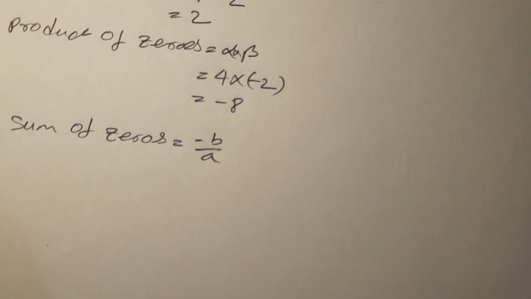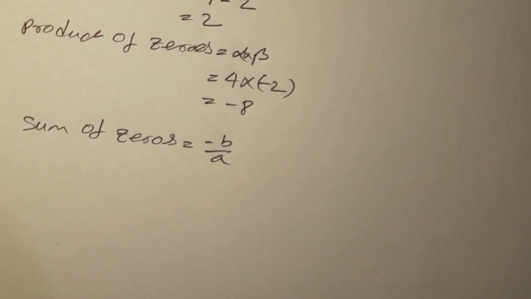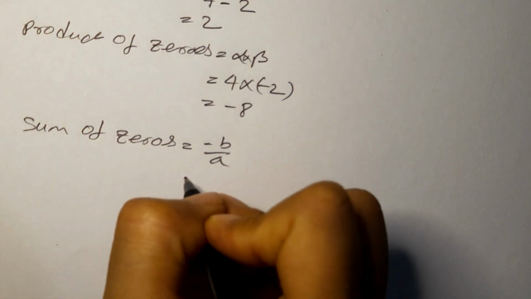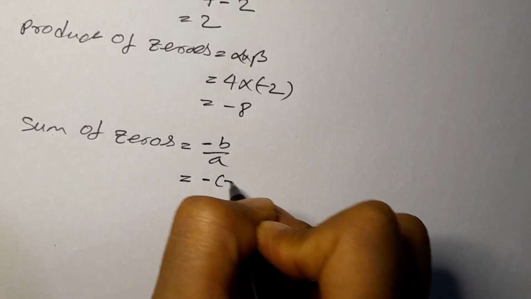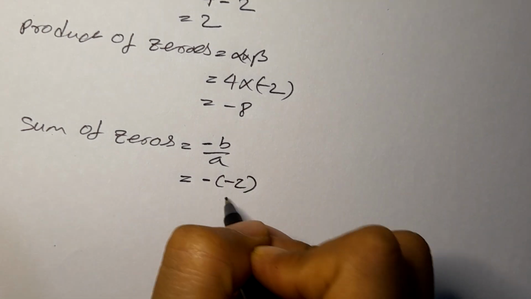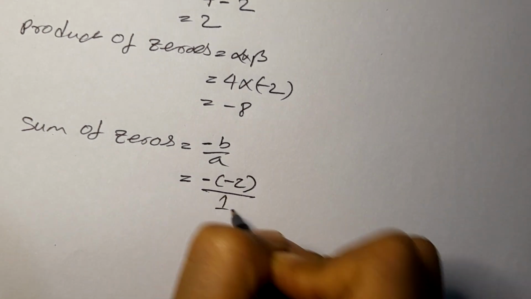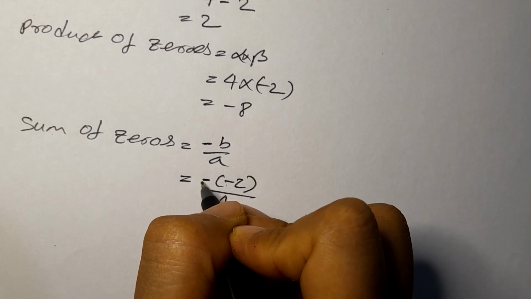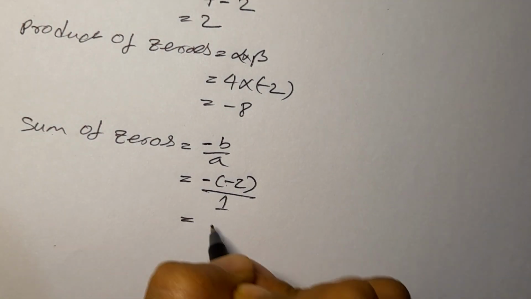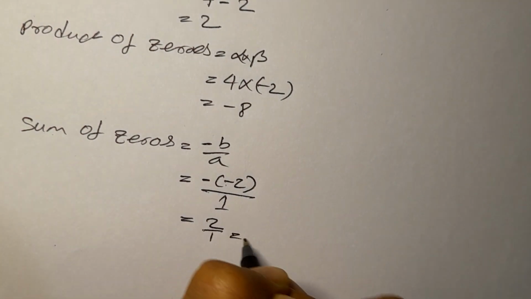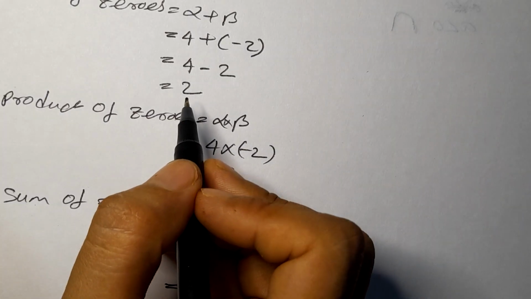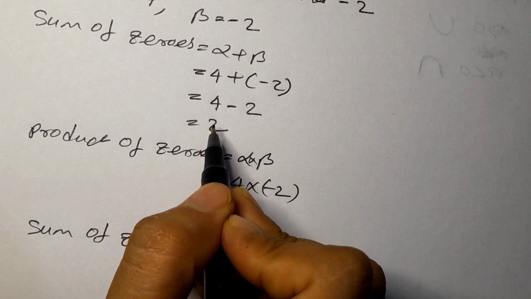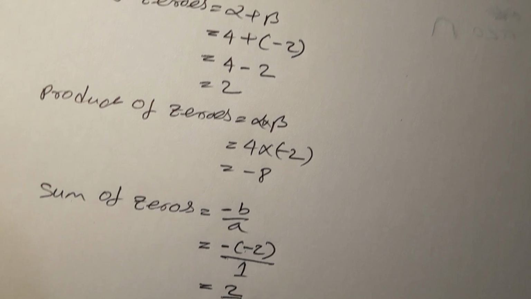B is minus 2, so minus b formula, that is minus of minus 2. What is the value of a? The value of a is 1. So minus into minus is plus, divided by 1, equal to 2. See, here also 2, here also 2. The sum of the zeros, here also 2. So hence verified.